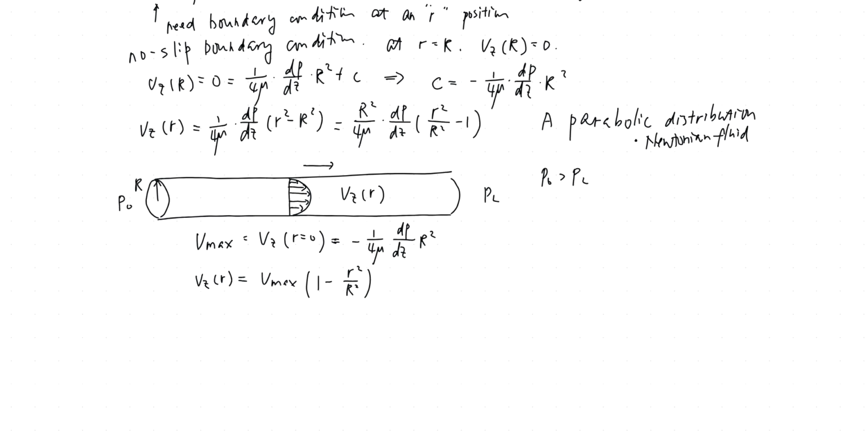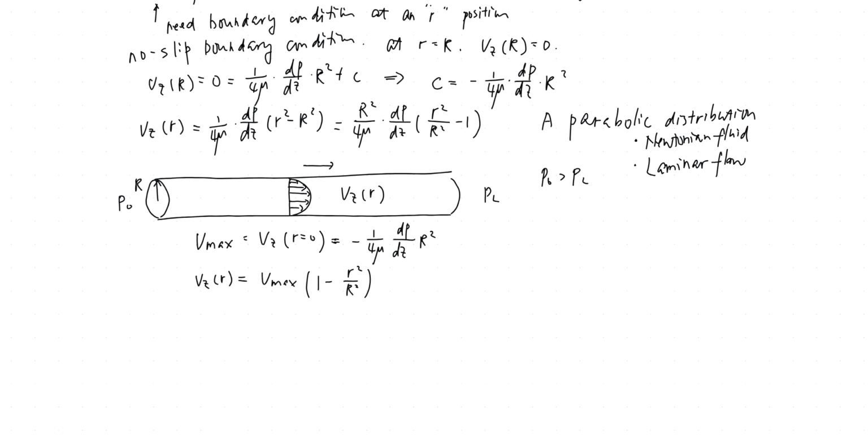Second, we have always assumed that the flow is laminar. If it's turbulent flow, it's something totally different. So it's also laminar flow. So these are the things you need to keep in mind.